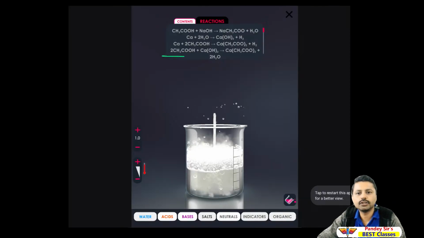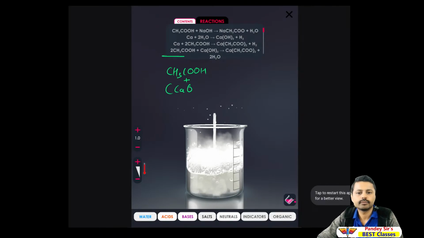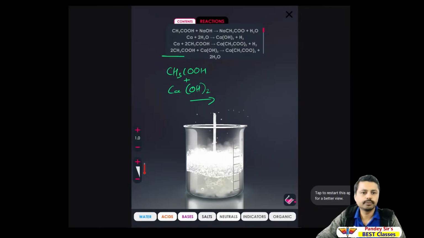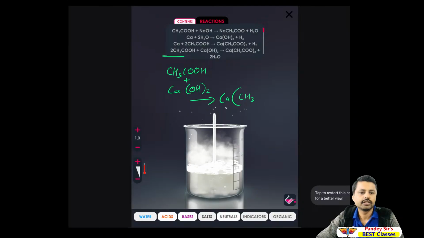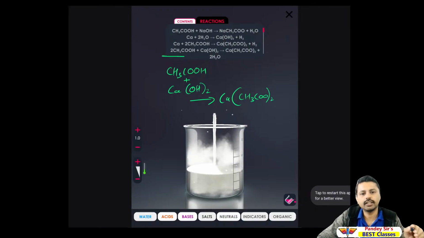So we got CH3COOH plus calcium hydroxide, Ca(OH)2, and it gives you (CH3COO)2Ca and then H2O.